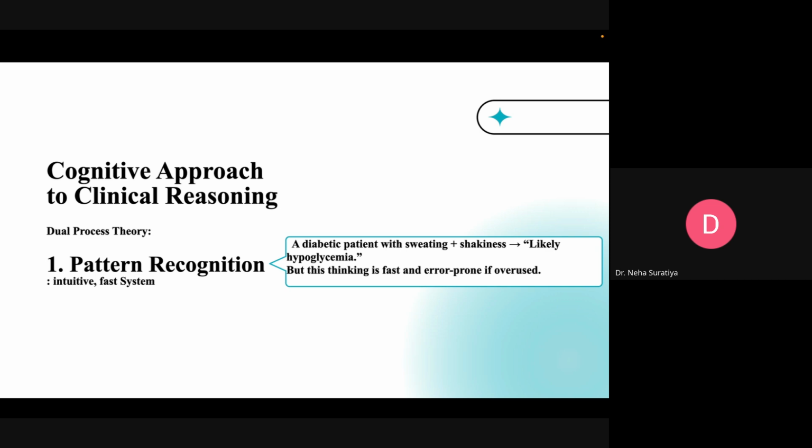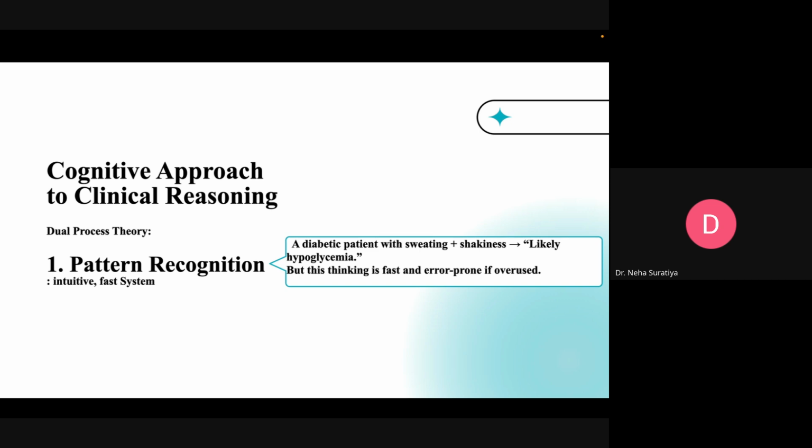But this thinking is very fast and error prone. Why error prone? Because you are going on pattern recognition, you are not checking other things, right? Maybe this sickness is because of some other reason, some other physiological parameters, and that is what actually happens in the wards. I will give you some real world examples as well.